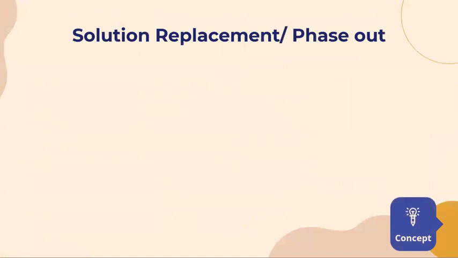So no matter what strategy is selected, care should be taken to develop all of the communication and roll out collateral needed to successfully cut over and adapt to a new solution.